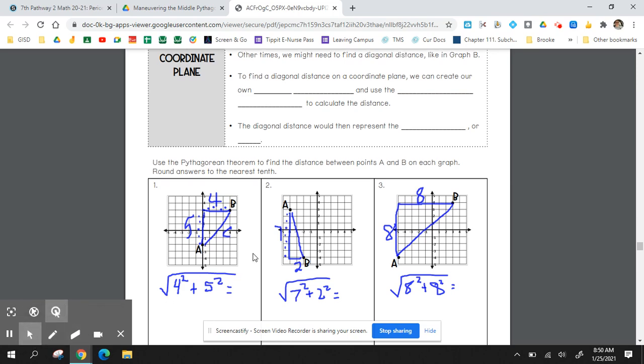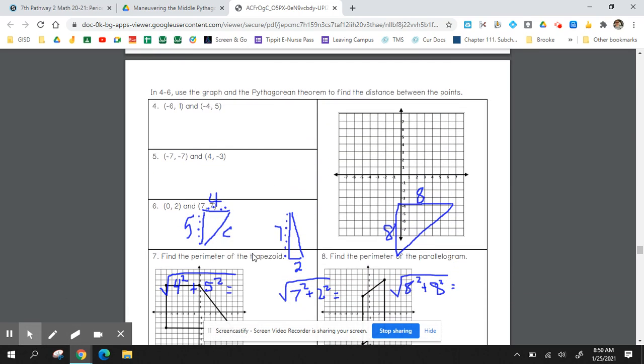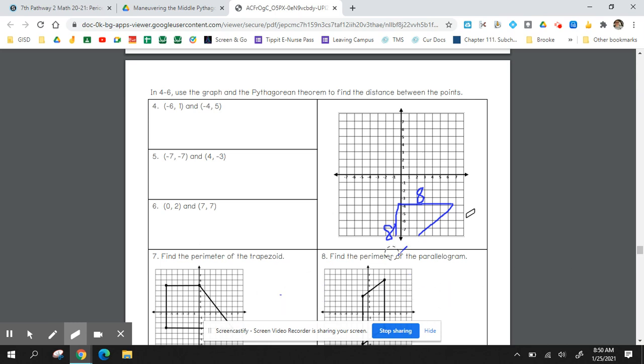So let's look down here at the bottom. All right, so doing basically the same stuff again for this example. In this example, though, they want you to plot the points and then solve. It says -6, 1, so right here, and -4, 5 here.